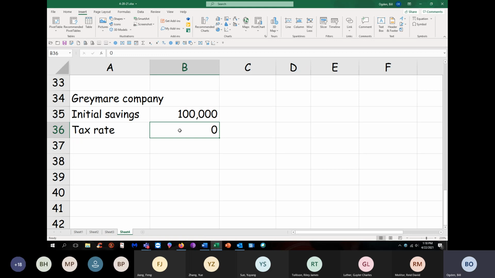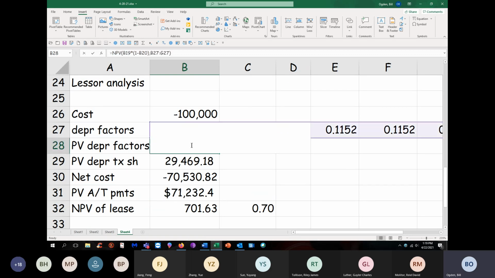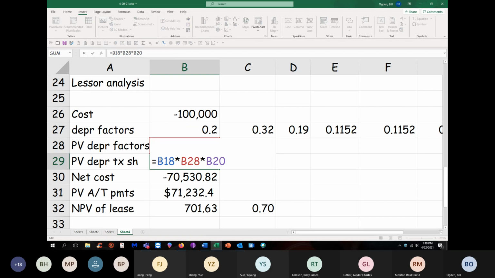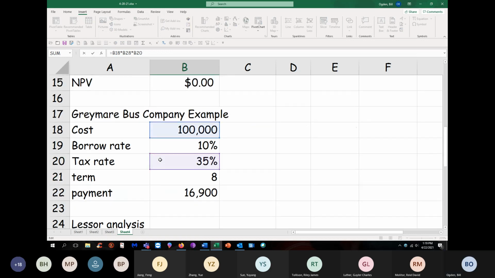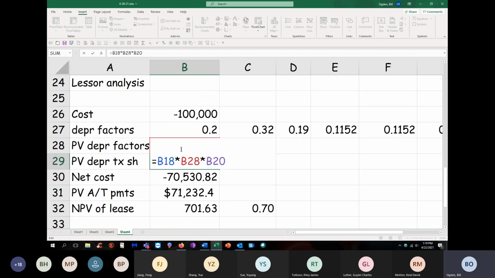All right, let's go back up here a minute. What happens to this analysis? Well, it would be the NPV, 1 minus 0. So we just use the raw borrowing rate. And then what happened here? Well, you can see the tax rate, the borrowing rate, and the present value of the factors.